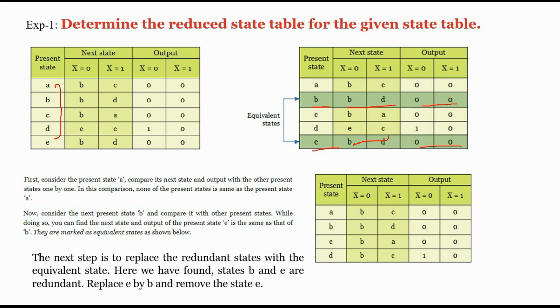Such states we can call equivalent states, and these are redundant. Once there is a redundancy, you have to remove one of them, that is E. So E will be removed, and this is the reduced state table.